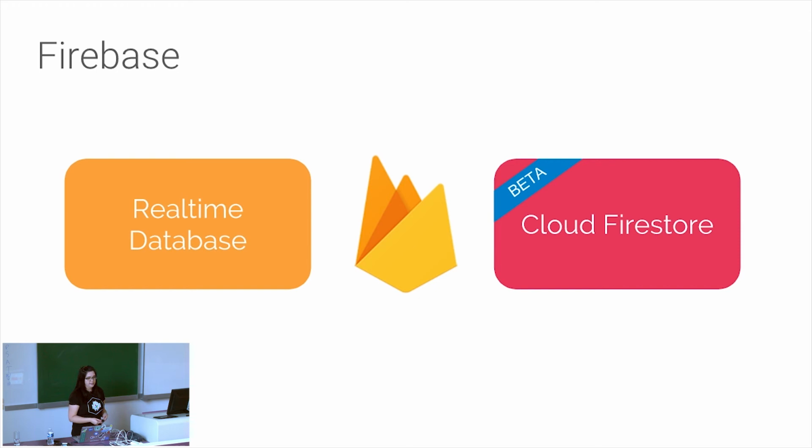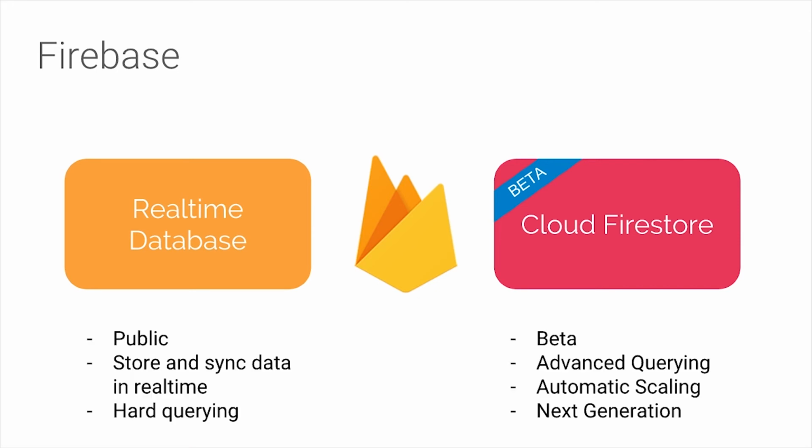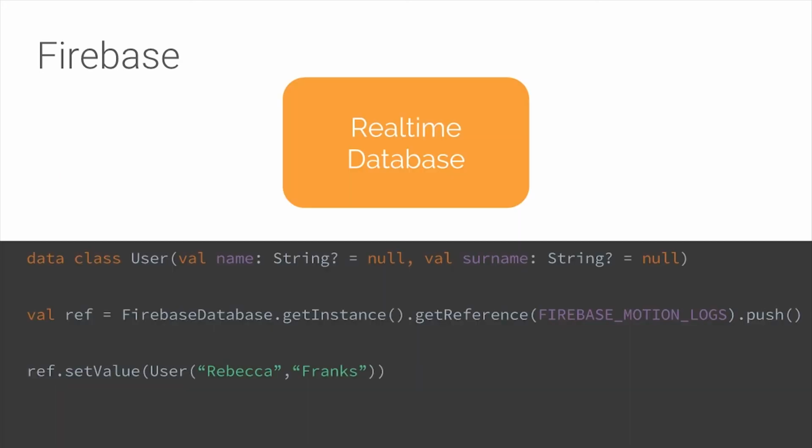One thing to note is that it is in beta, though. Like I mentioned, you get advanced querying on Cloud Firestore, and it's the next generation of Firebase real-time storage. So I would suggest, if you're going forward, building with Cloud Firestore, but you can also look at the real-time database for the meantime. It provides you with two different options.